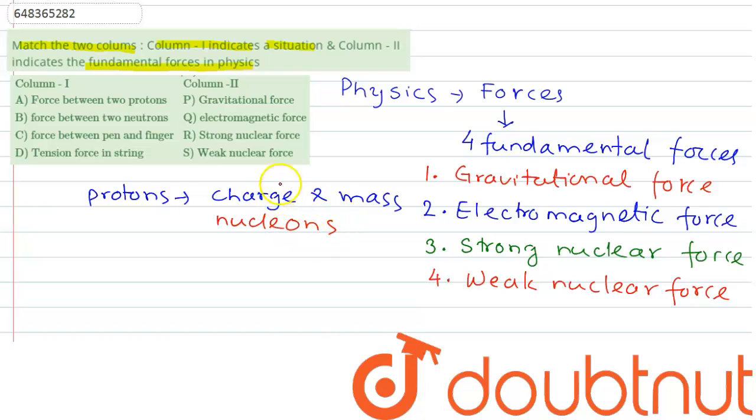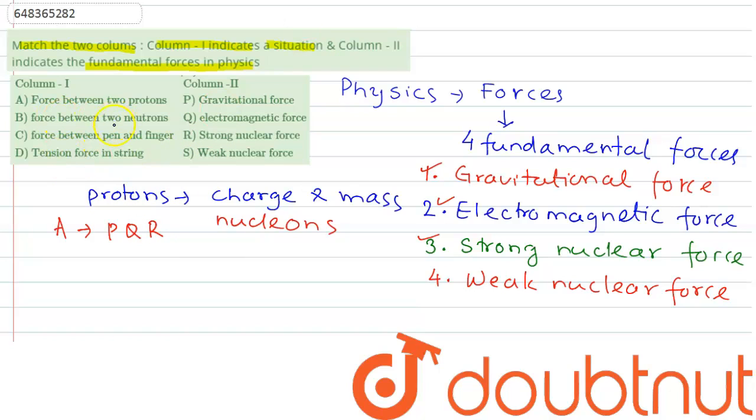So for charge we have electromagnetic force, for mass we have gravitational force, and because they are nucleons they will possess strong nuclear force. So for A we have P gravitational force, Q electromagnetic force, and also R, that is strong nuclear force.